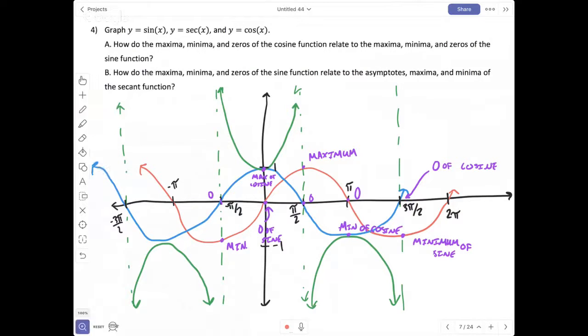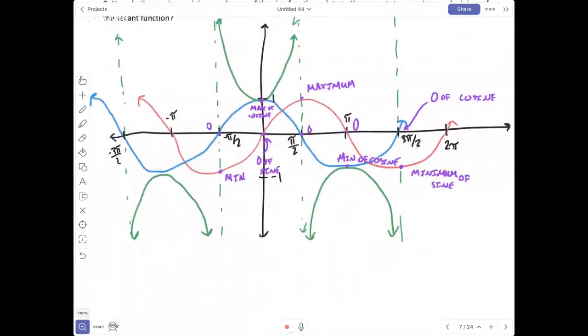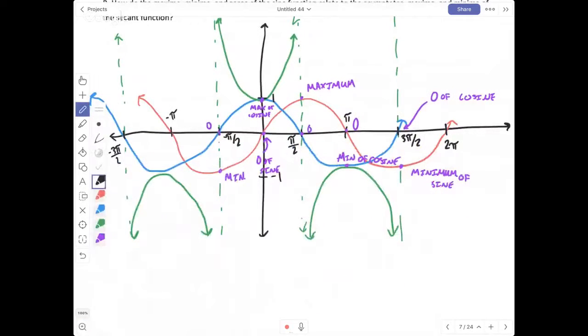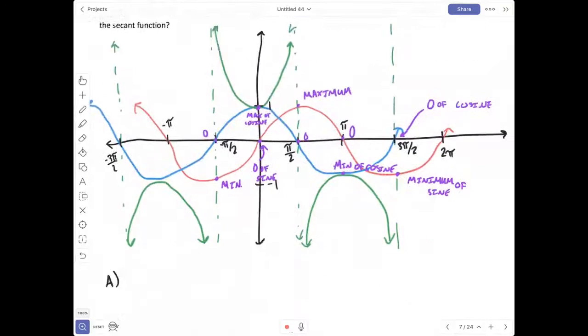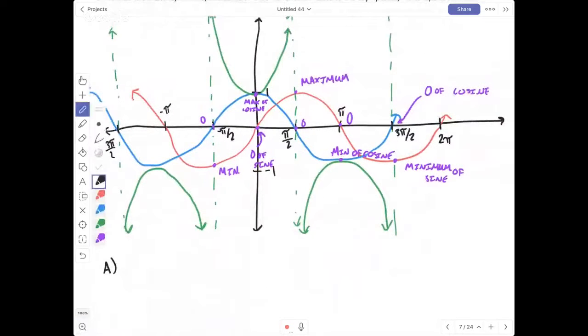Cool. So to summarize, for A, maxima, minima, and zeros of the cosine function. So maxima of cosine of x is a 0 of sine of x.